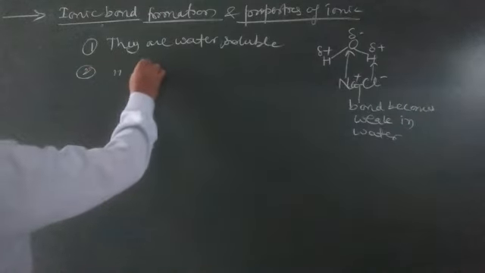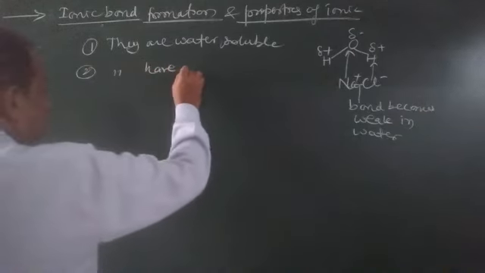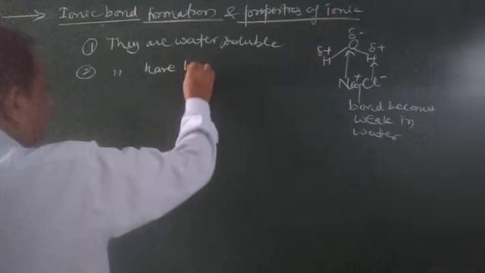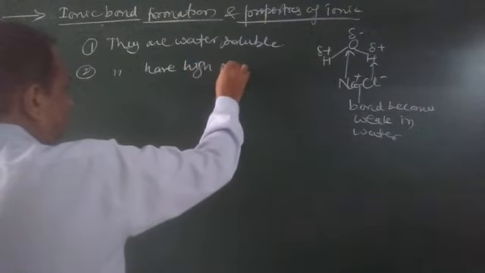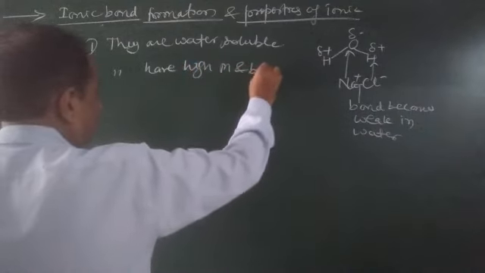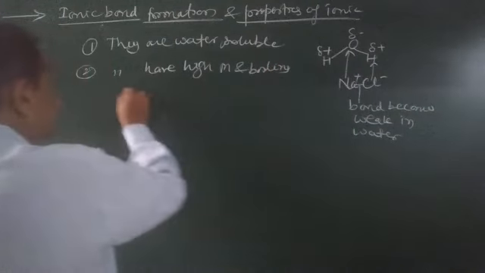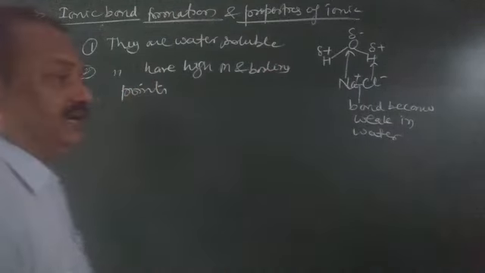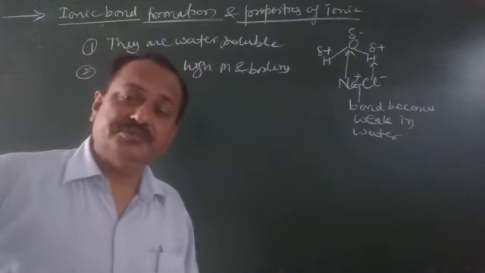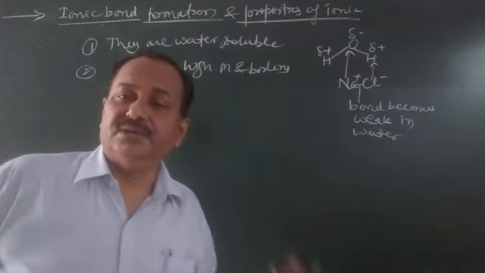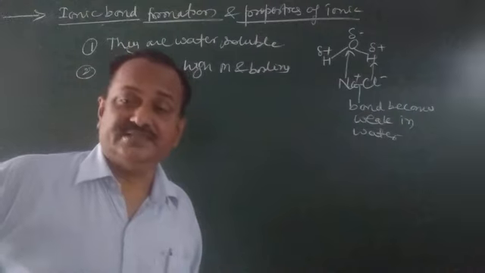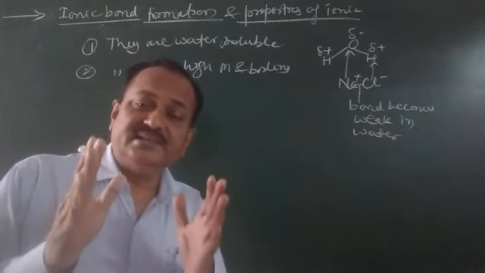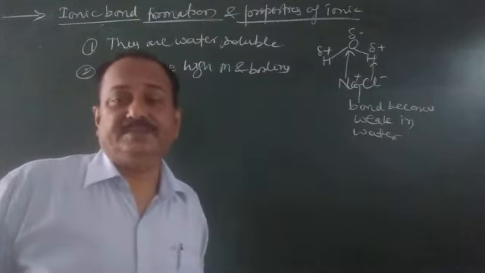Second, they have high melting and boiling points. Why? It is because ionic compounds are made up of oppositely charged ions, and due to the oppositely charged ions, there is a strong force of attraction.